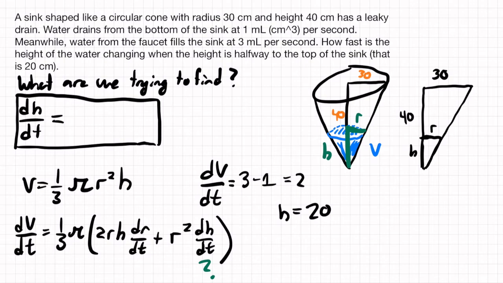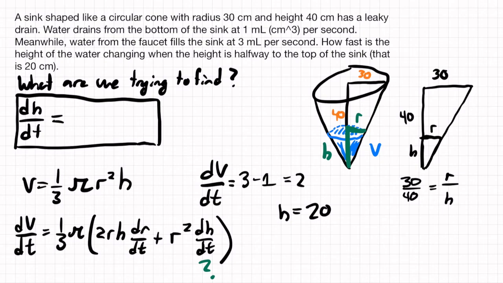Because all of these triangles will have the same angles, right? You've got a right triangle, and if you remember trigonometry, this would be some sort of a 3, 4, 5 triangle, but we don't even need to know about the hypotenuse. We just need to know about r and h. So what we can say is 30 over 40 equals r over h.